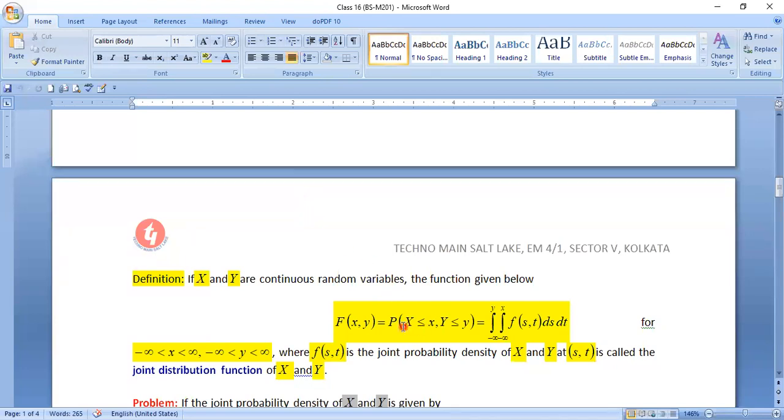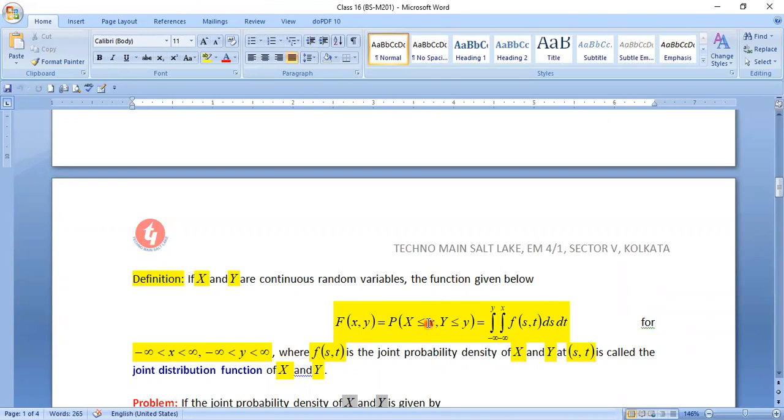You have seen this definition for the discrete random variable in my previous class. The only difference is that in the univariate section the second variable was not present, and in yesterday's class there was a double summation.